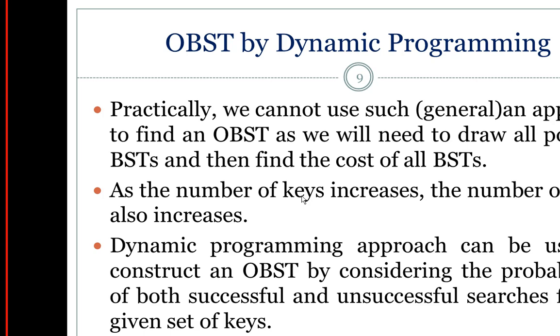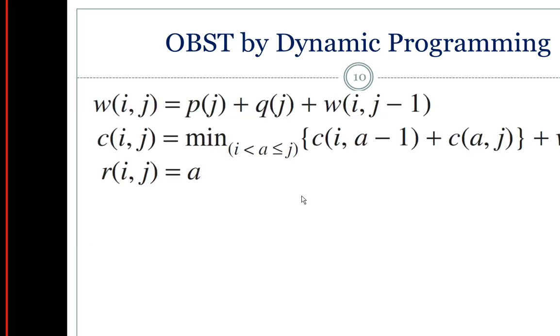Because the disadvantage of the general programming approach is that if the number of keys in a BST increases, then the number of BSTs increases, and it takes time to find the cost of each BST and, from all these BSTs, to find the OBST. So generally the dynamic programming approach is preferred to find the OBST.